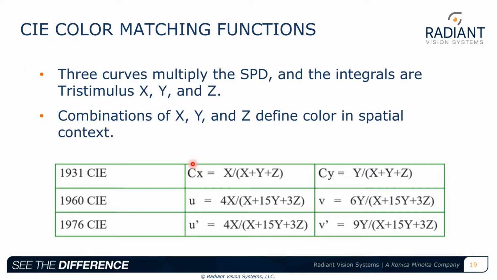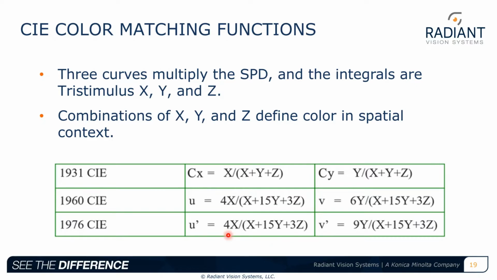So down here we have the 1931 color coordinates. Our Cx coordinate, which we'll introduce on the next slide, is just a very simple combination of tristimulus X, Y, and Z. As we go to later, such as the 1976 CIE, we get the color coordinates u prime and v prime, and those are more complicated combinations.